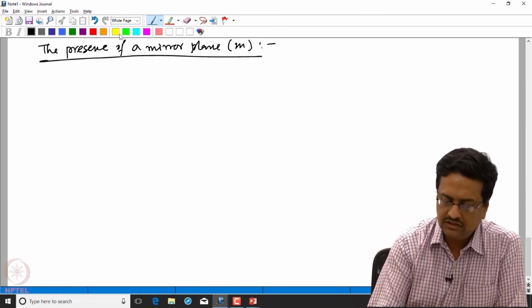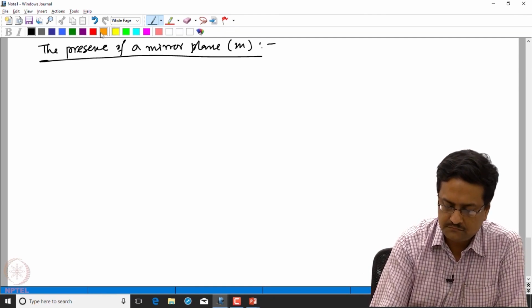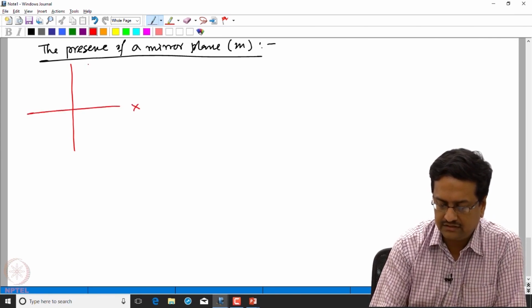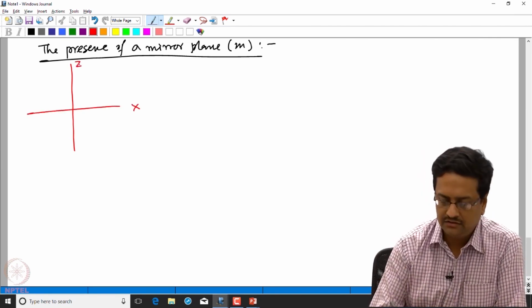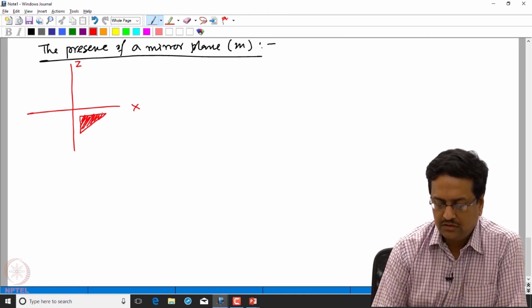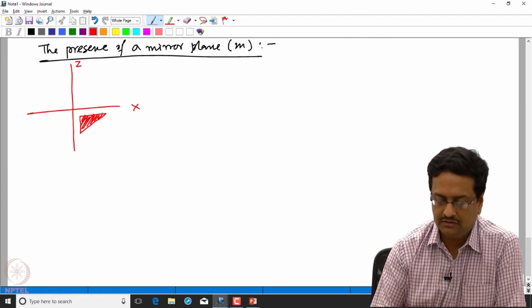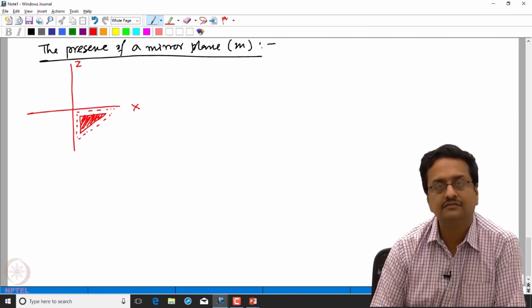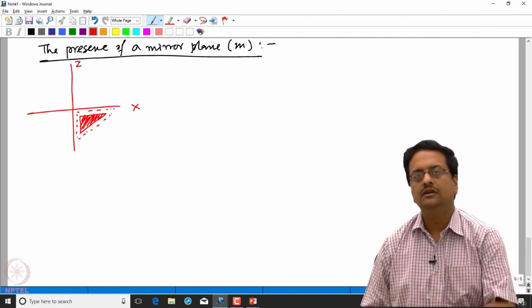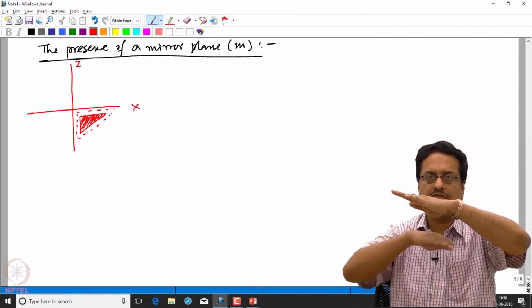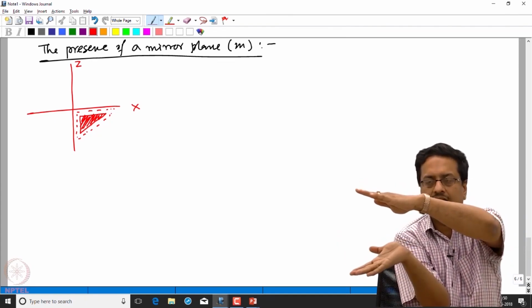In the case of a mirror, if this XZ plane is a mirror plane, any object which is above the plane of this mirror gets reflected and goes to the lower part of the lattice, just like one object positioned here and a mirror plane in between, so the object gets reflected like this.